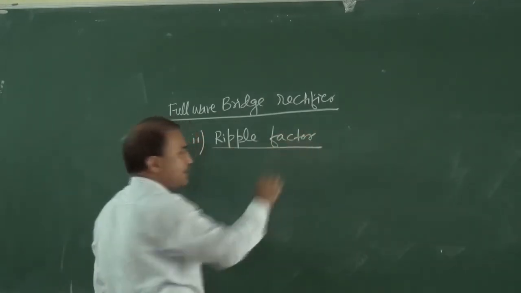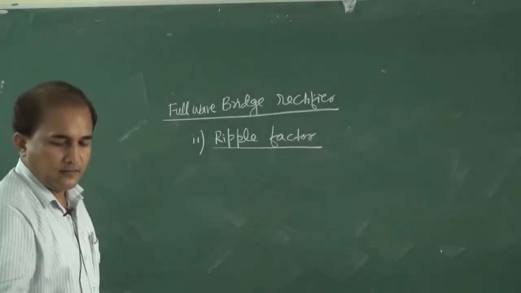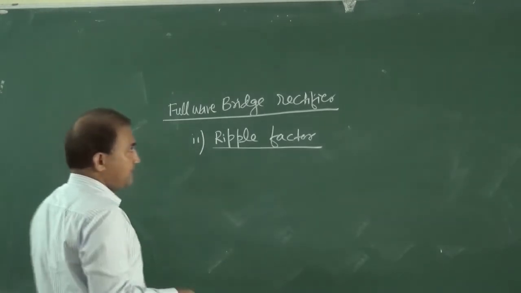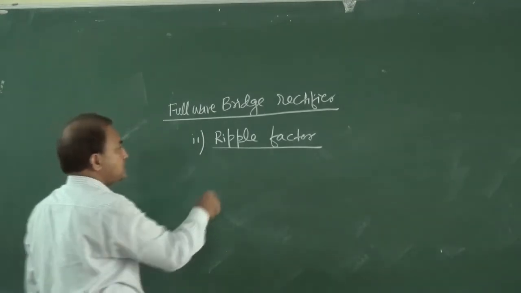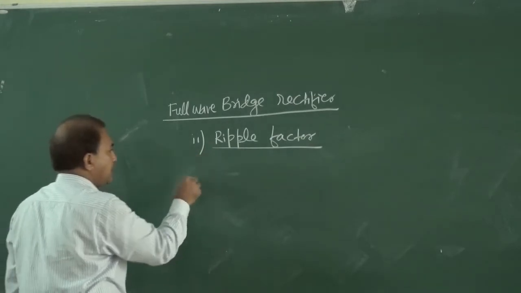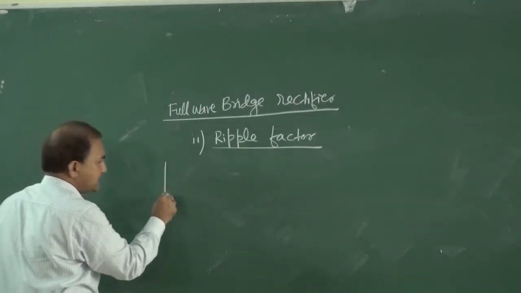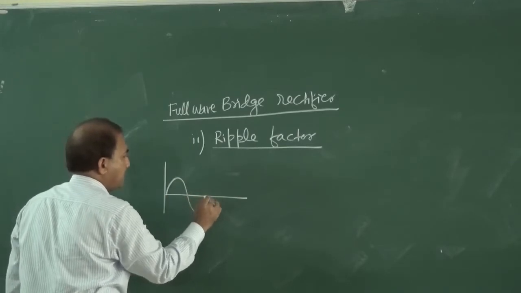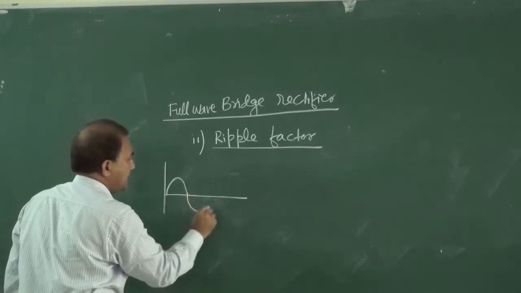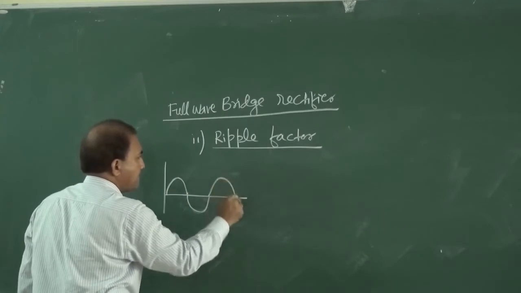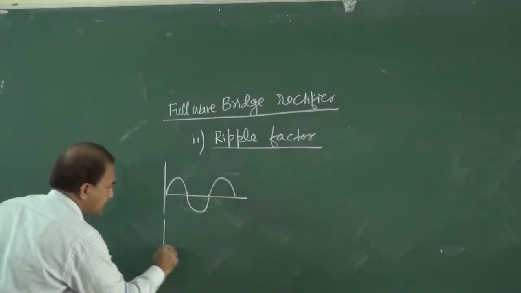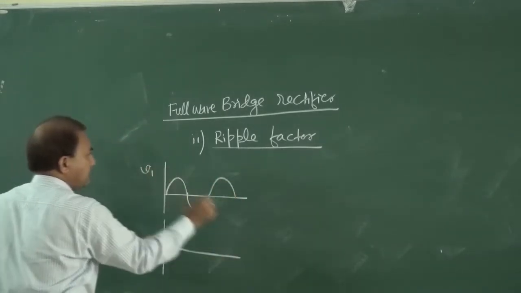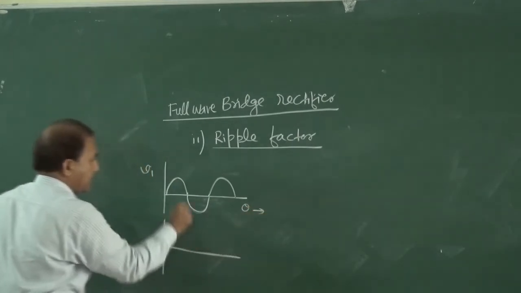How do we calculate the ripple factor in this type of rectifier, the full wave bridge rectifier circuit? So what is ripple factor? Say this is the input signal, and for this corresponding input signal, this is Vi versus theta.